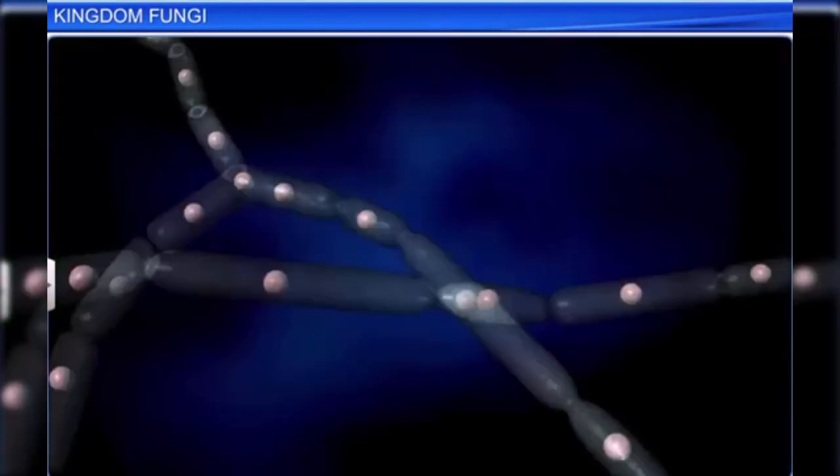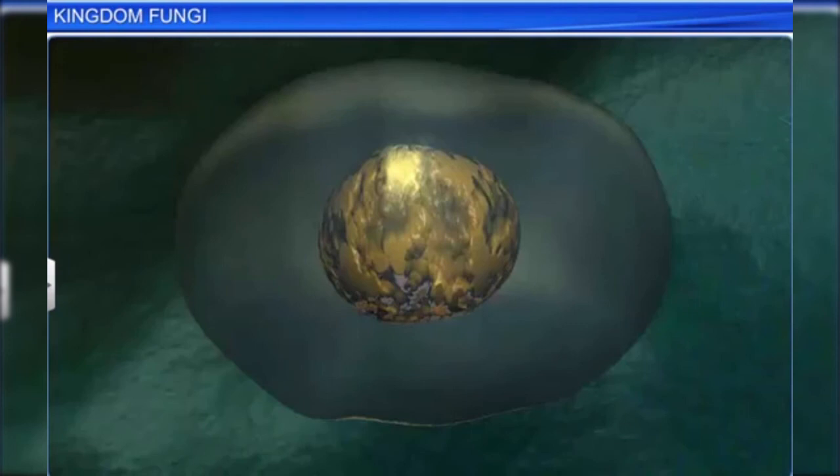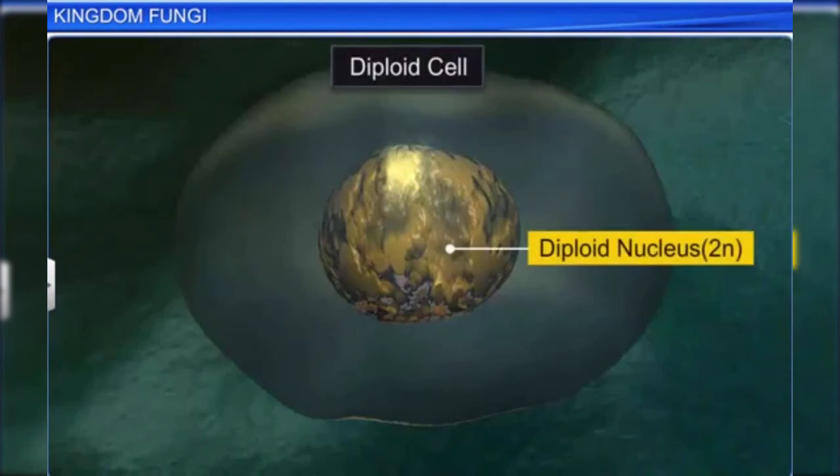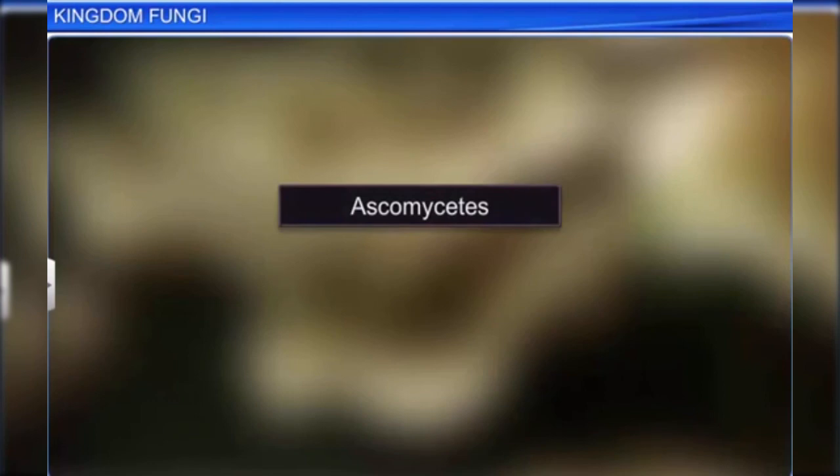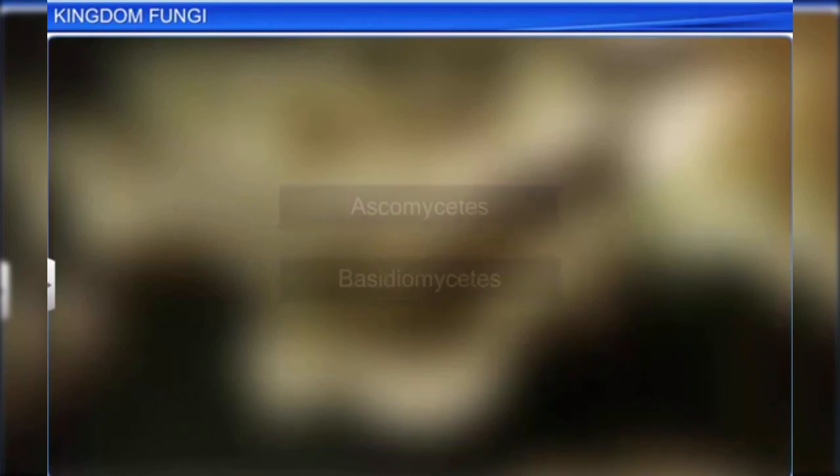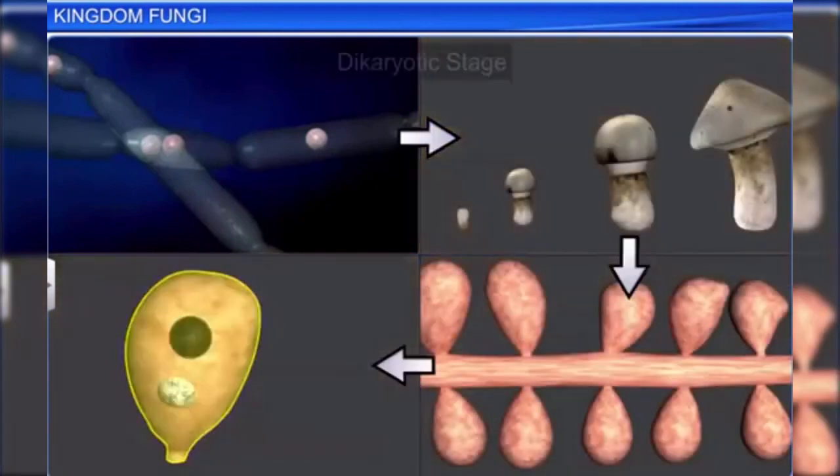In some fungi, the fusion of 2 haploid cells immediately results in the formation of diploid cells, or 2N. In other fungi, like ascomycetes and basidiomycetes, an intervening dikaryotic stage occurs.